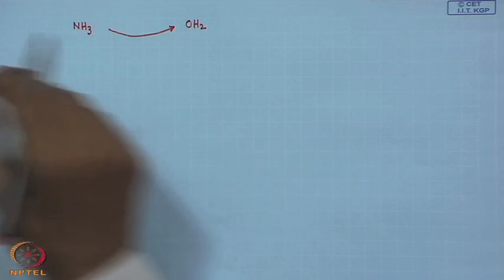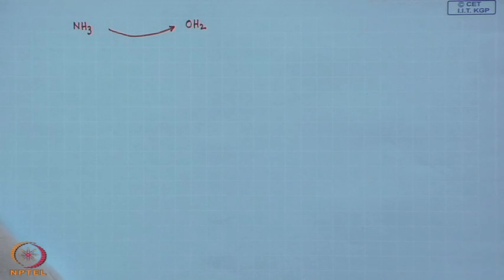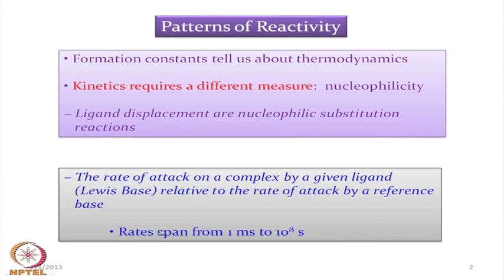In this particular case, we can have two different reactions, one a slow reaction and another a fast reaction. The different rates can span from 1 millisecond to 10 to the power 8 second, from the lower range to the higher range.